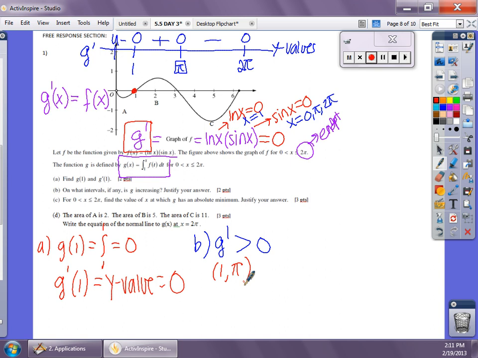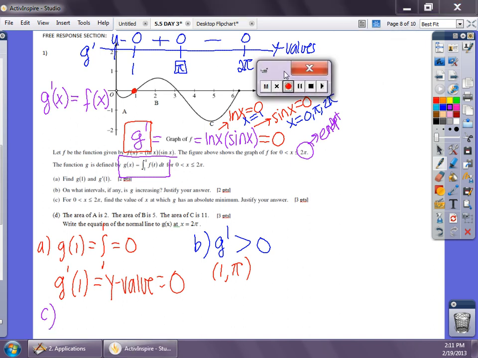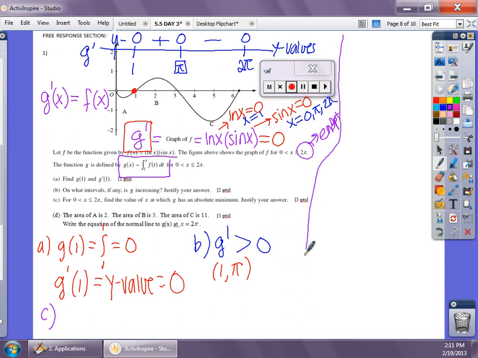Letter C. Find where you have an absolute min. So I'm actually going to do this over to the right. I hope that I have enough room. So I want to find when g has an absolute min. Let's do this again.